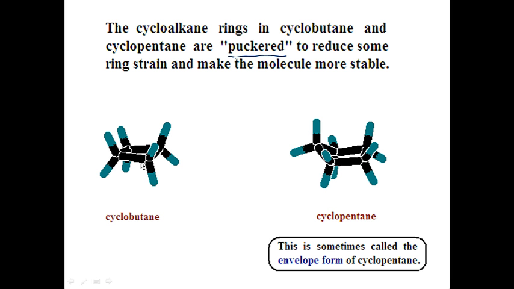Now the other thing that I notice about these from the discussion today, if you're watching this on Wednesday, yesterday, if you're watching this on Thursday, 2 days ago if you're watching it on Friday morning, is the idea that this puckering also lets these hydrogens begin to become not as eclipsed as they would be if the ring was perfectly flat. And that actually plays a huge role in cyclohexane. Okay. So we do get this non-planar ring with 4 and 5-membered carbons.